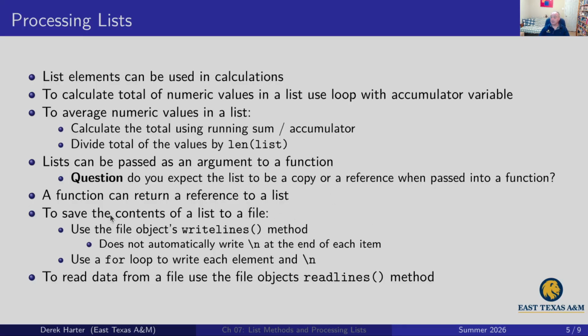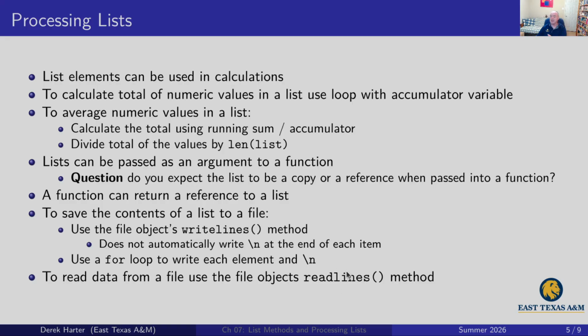There are also some nice functions, write lines and read lines, that can be useful if you're working with a file to get lists in and out of files. Although write lines, I don't find this one so useful. It doesn't automatically write a new line at the end of each item, so I don't know if it's often useful.